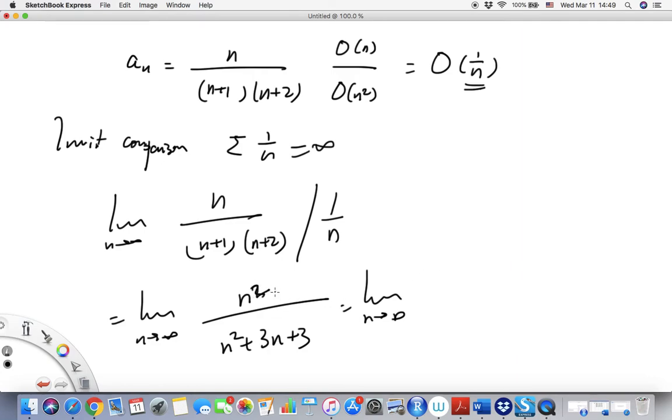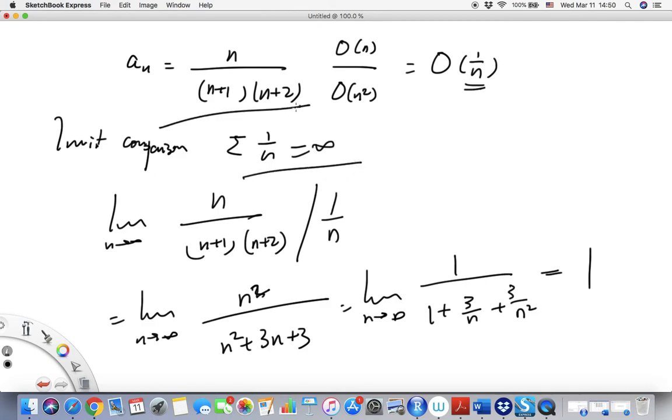We have 1 over 1 plus 3 over n plus 3 over n squared. So this limit is equal to 1. So either they both converge or they both diverge. Since this is divergent, this is divergent.